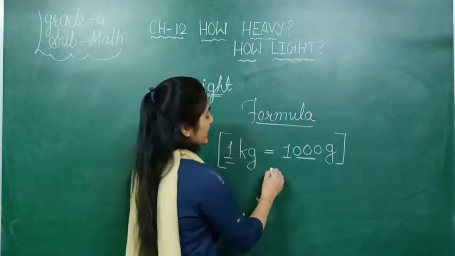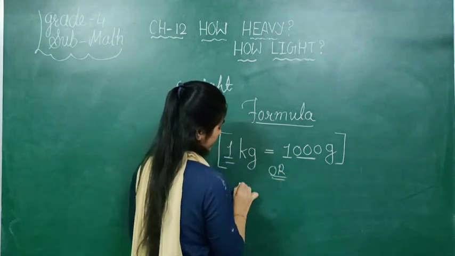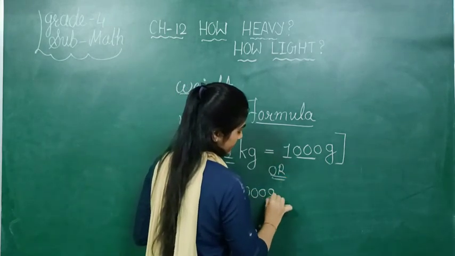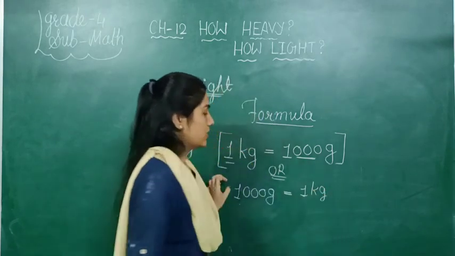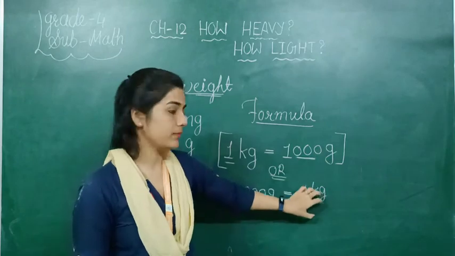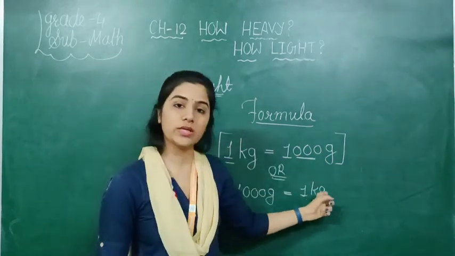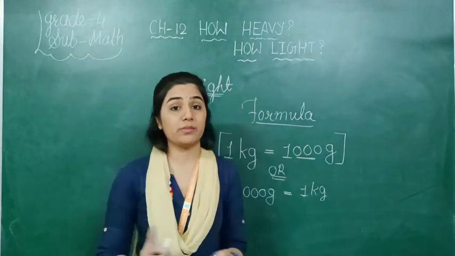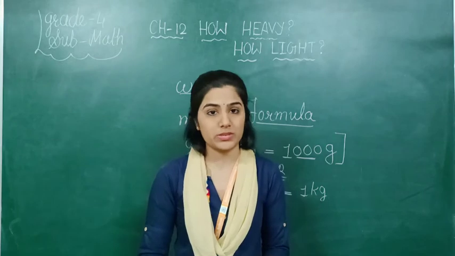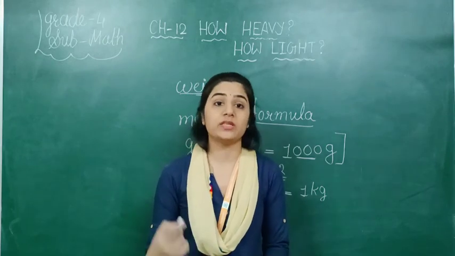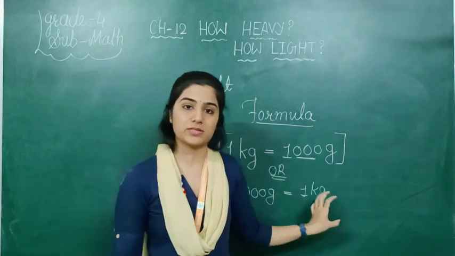Also you can write it this way: 1000 gram is equal to 1 kg. The meaning is the same, but I have written 1000 gram first. This formula can be asked in objective type questions, that is, in multiple choice questions, fill in the blanks, and true or false.